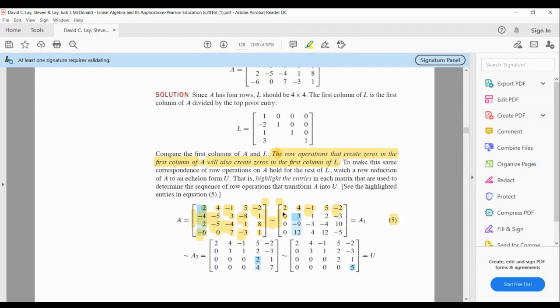They multiplied the first row by -1 and added that to the third row. They multiplied the first row by 3 and added that to the fourth row.